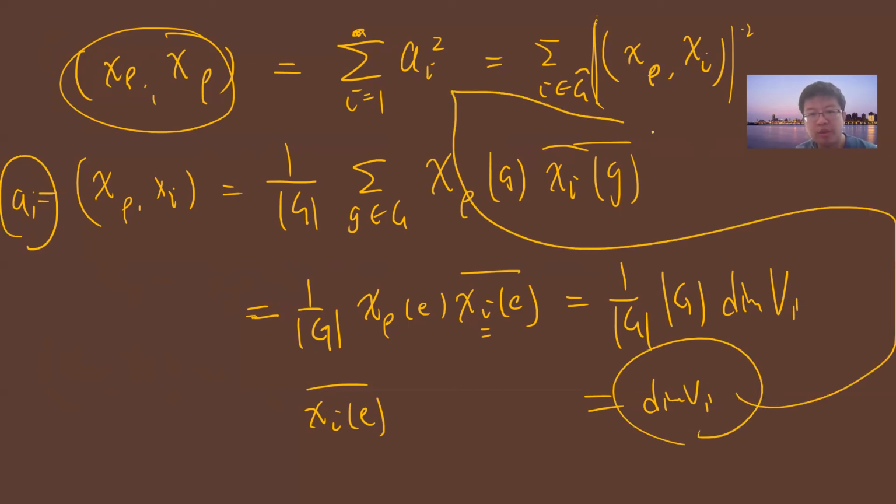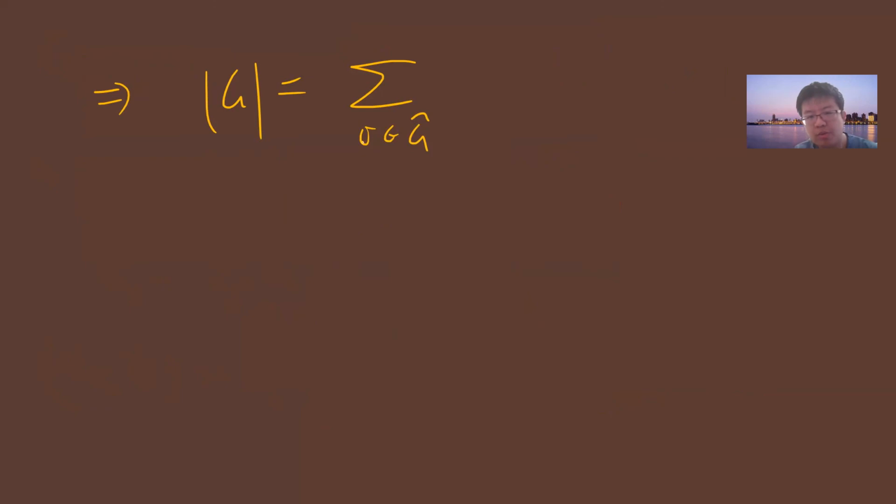Then you go back to here, and we just proved our final result: the sum over the irreducible representations of the dimension of V_i squared equals |G|. This is an integer.